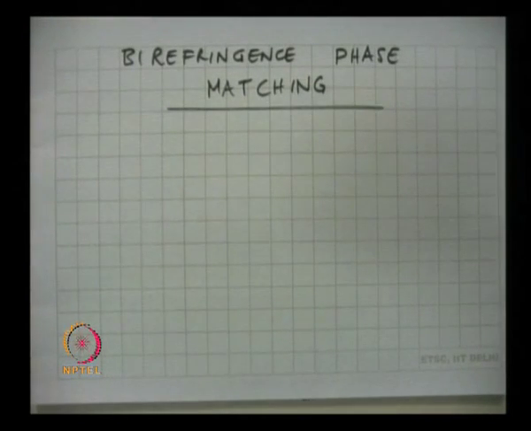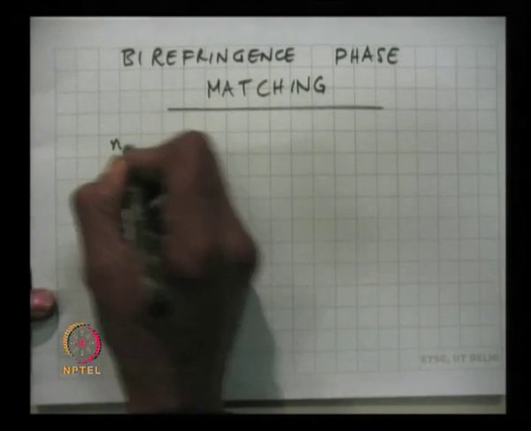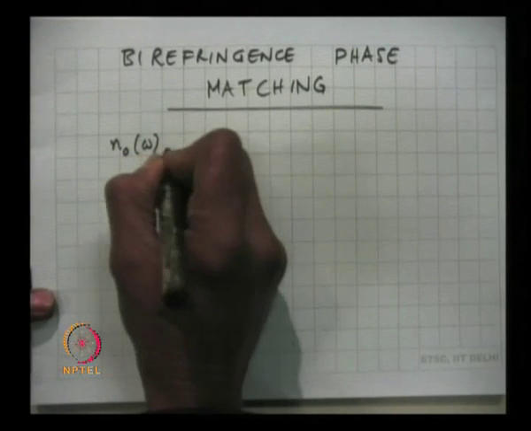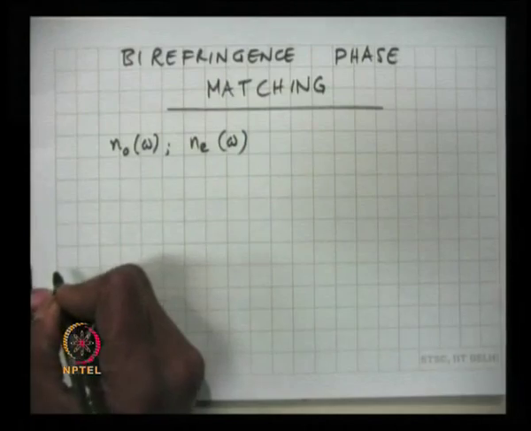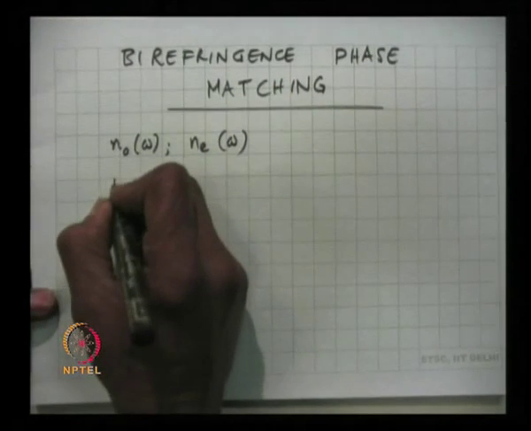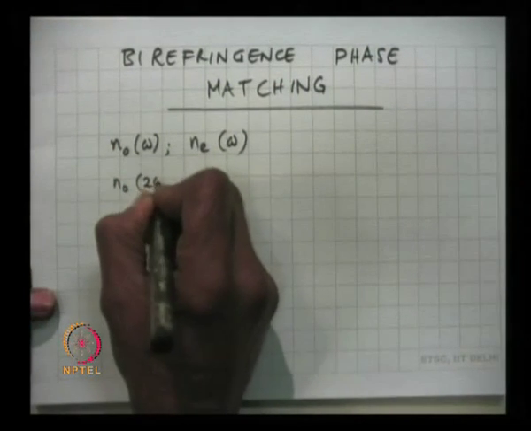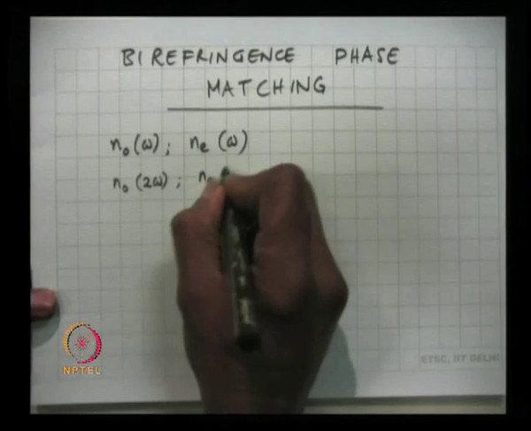Now remember, suppose I take a medium which is anisotropic. So there are the ordinary refractive index at frequency omega and the extraordinary refractive index at frequency omega. Then there is also an ordinary refractive index at 2 omega and an extraordinary refractive index at 2 omega.